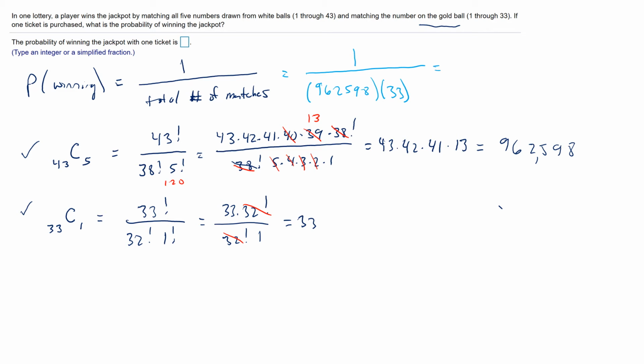Right, so the probability of winning this jackpot is 1 over, and now I need to multiply these two numbers. And with my calculator, I see that it's 317,657,334. So the probability of winning this jackpot is extremely unlikely. 1 over that big number, 317 million and change.